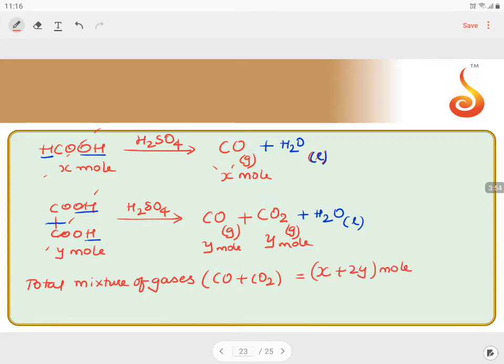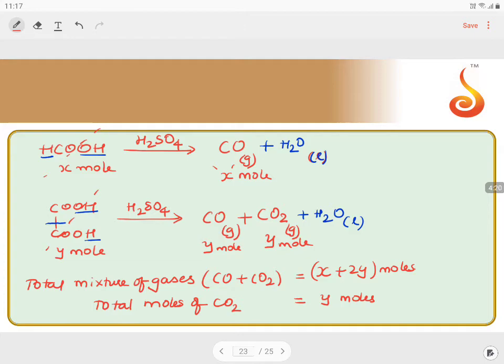The total moles of carbon dioxide will be equal to Y moles. In whatever ratio they are formed, the same ratio will be their volumes.